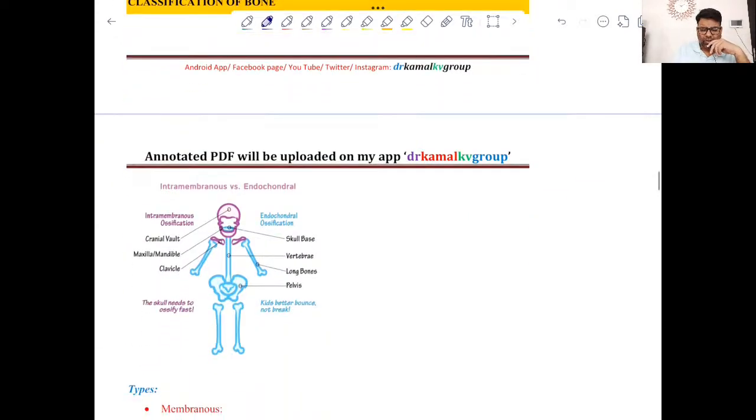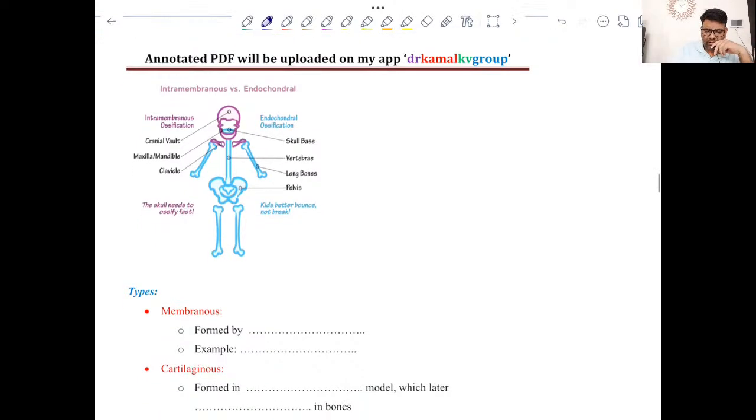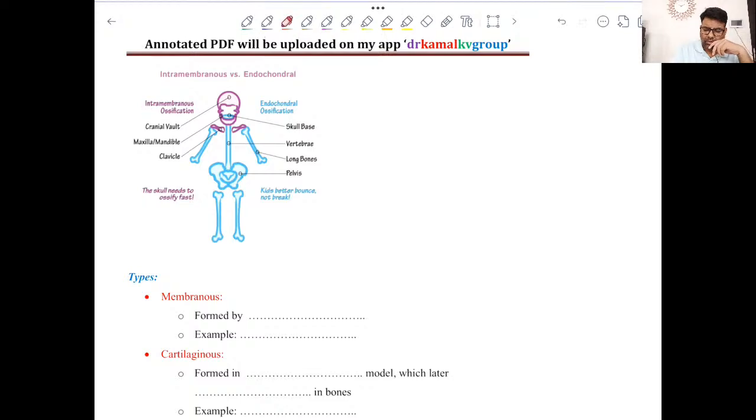Now classification of bones can be done in many ways. One way is their method of formation, or what we call the type of ossification. Remember, bones do not form directly. There is some background structure which later on ossifies to become a bone.